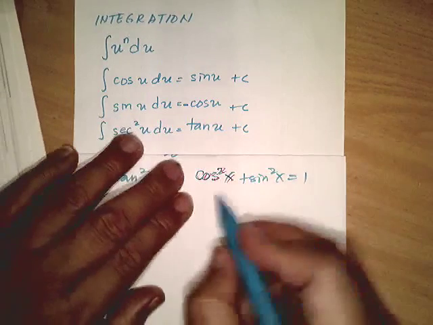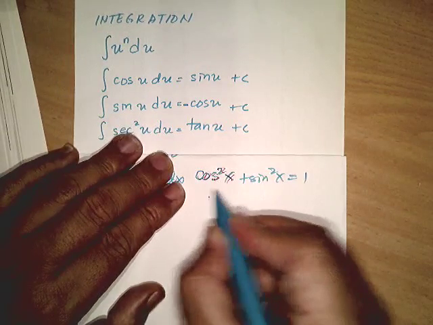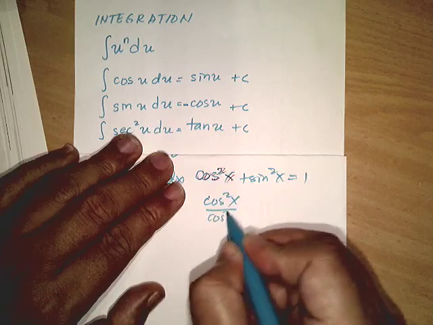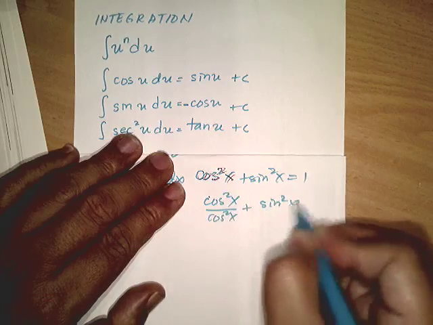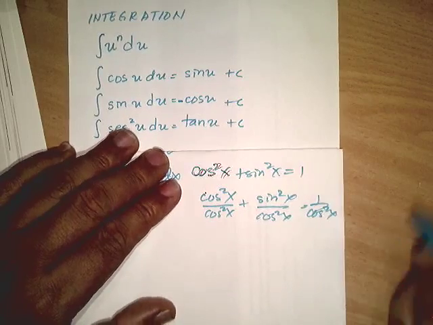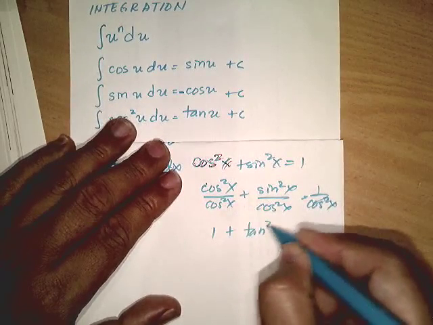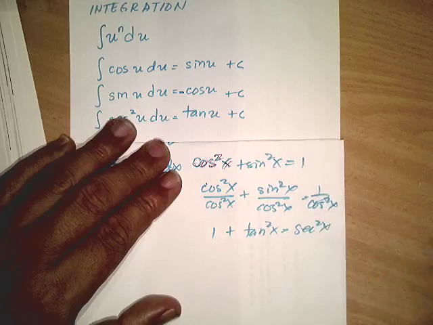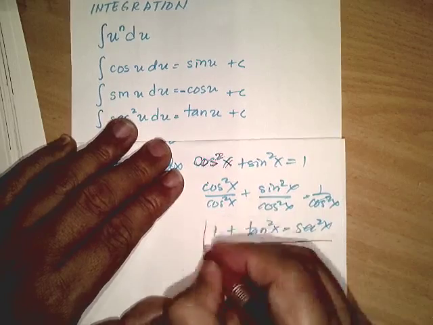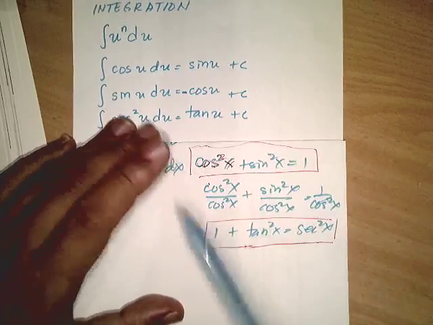If you divide all of this by cosine squared x, this becomes 1 plus tangent squared x equals secant squared x. So this is our other formula, and let's use that formula to solve this one.